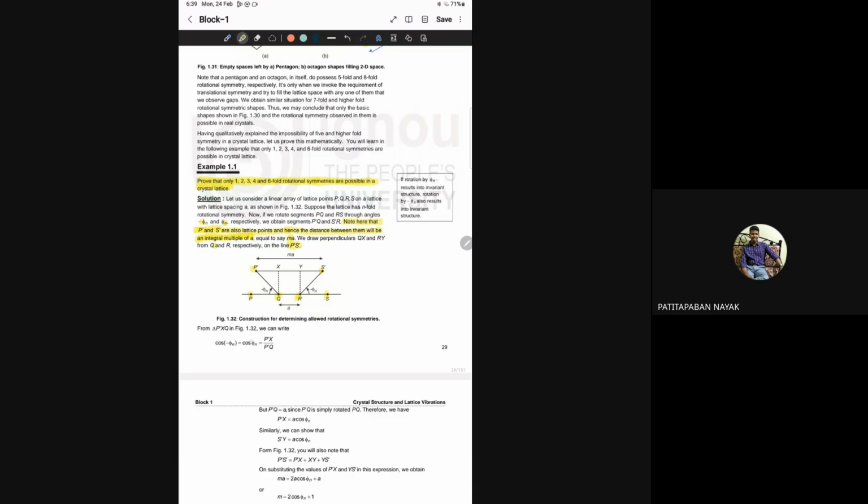Now what will be cos phi n? This is phi n, right? Let me zoom it a little bit. So this angle is minus phi n, minus because it is in the opposite direction. So this angle is also phi n.